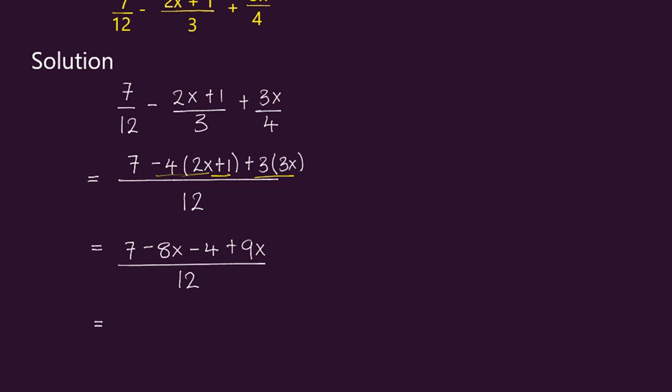We also have minus 8x plus 9x. Minus 8 plus 9 is 1, so we get plus x, and this is all divided by 12. This is the solution to this problem.